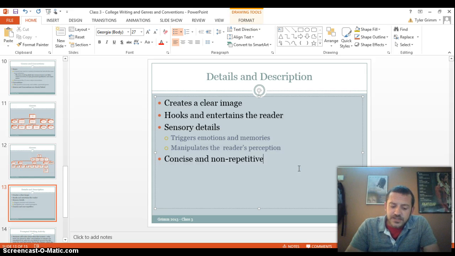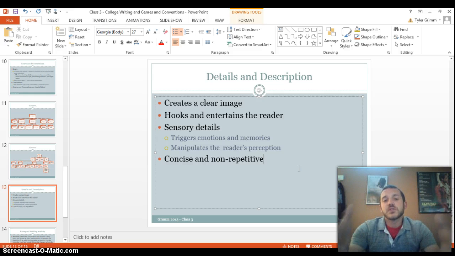And a great exercise, if you want to get some practice with this, maybe we'll actually do this semester, is to just go and observe something. Watch two people talking at a restaurant, or two people walking down the street and talking, or even go out and observe nature.